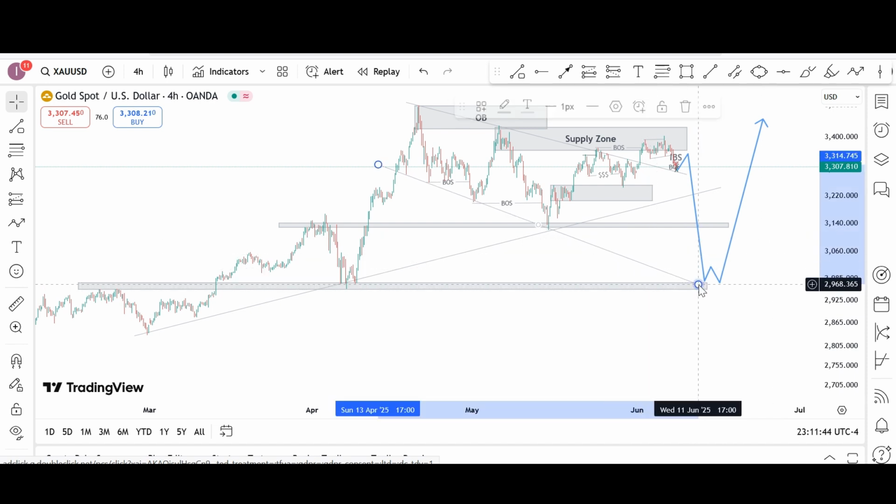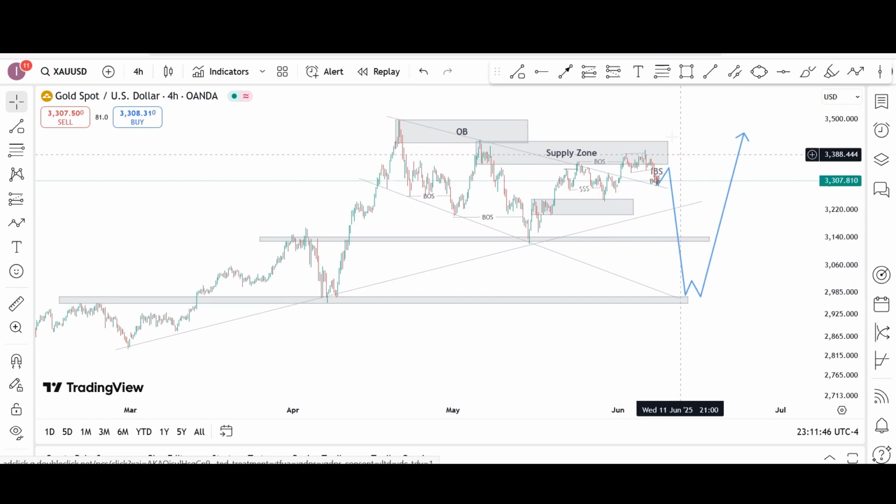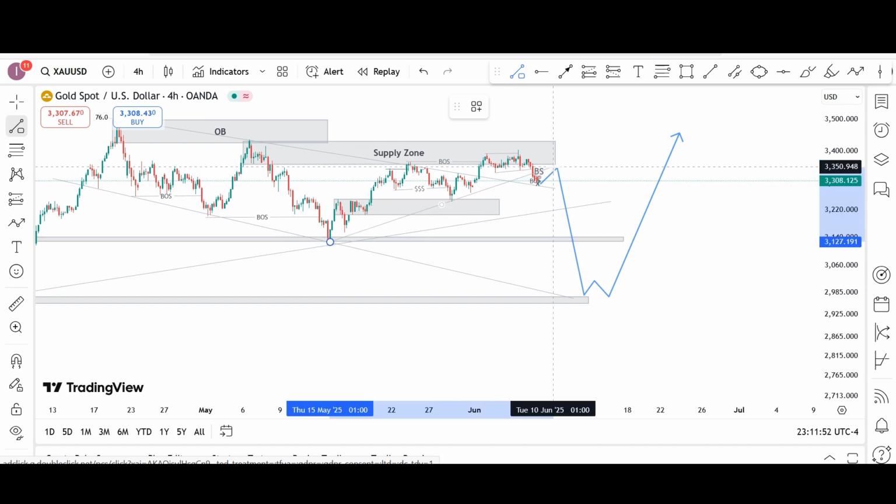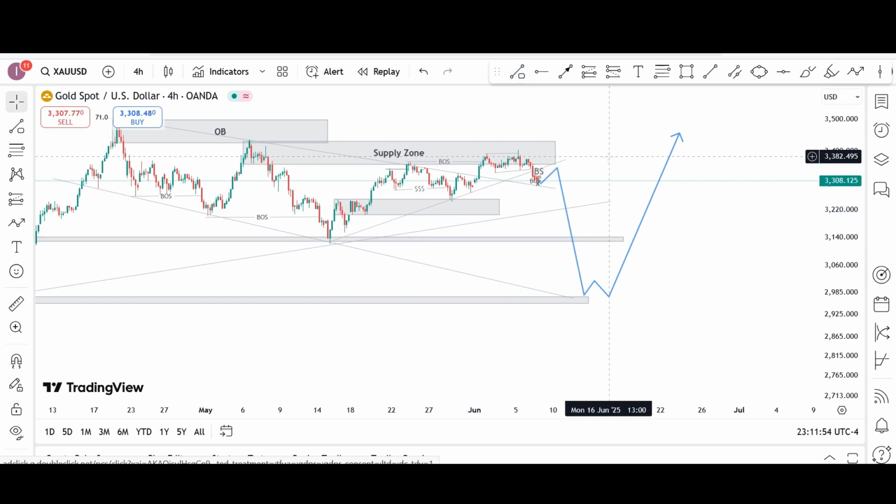That's a bearish case scenario because if you look at this, all this support level has been taken out.